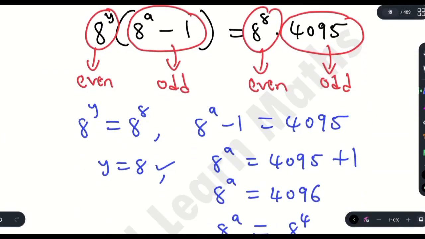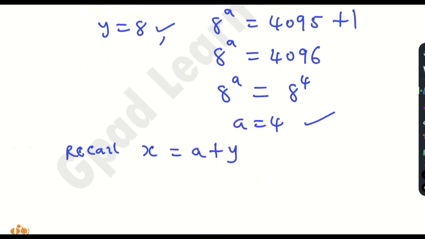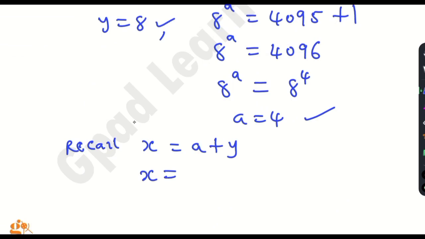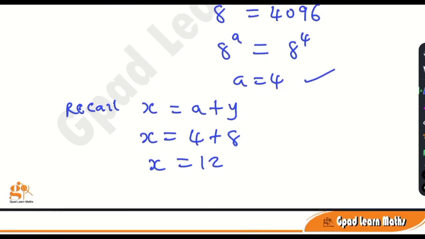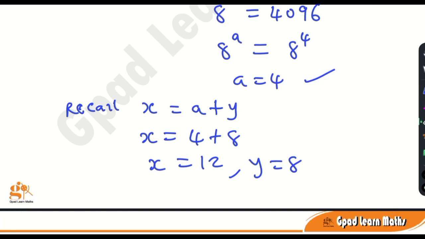So we already know what a and y are. a is 4 and y is 8. So x is equal to 12. We've gotten the value of x. And we already know that y is 8. We're not even interested in a in the first place. We have the value of x as 12 and the value of y as 8.